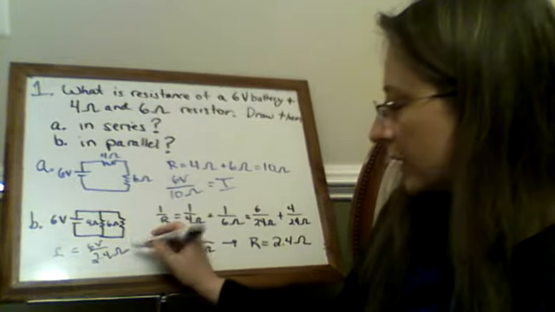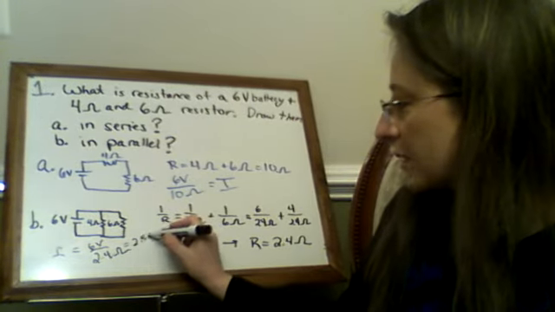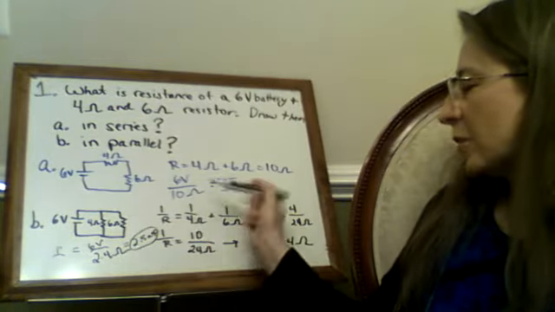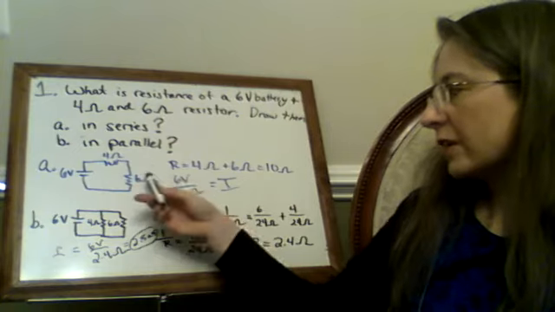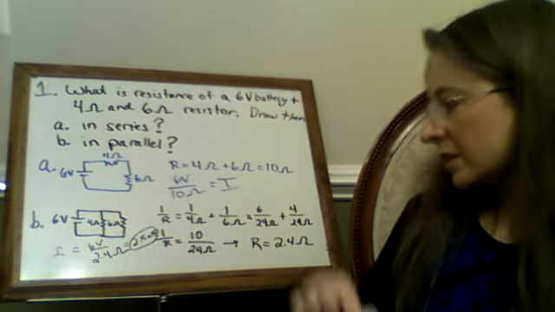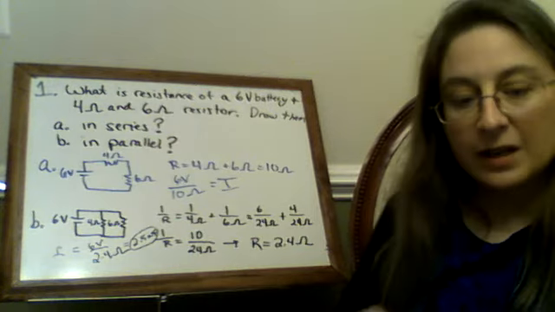So my current here would be 2.5 amps. And up here it was 0.6 amps. So current is much lower here in this series circuit than it is in the parallel circuit. Resistance is lower in the parallel than in the series.